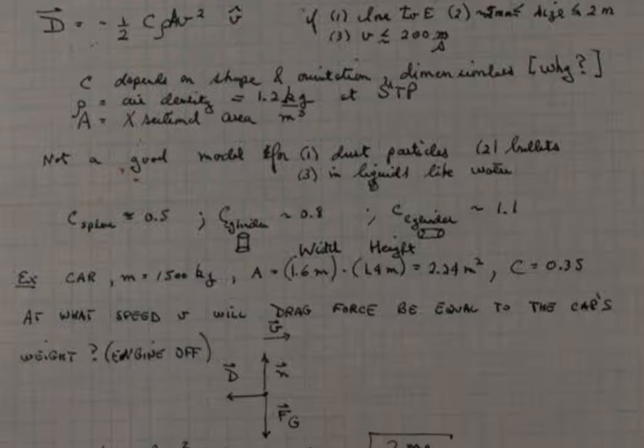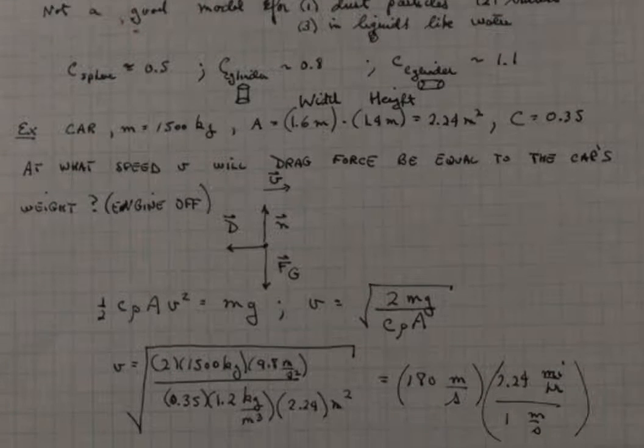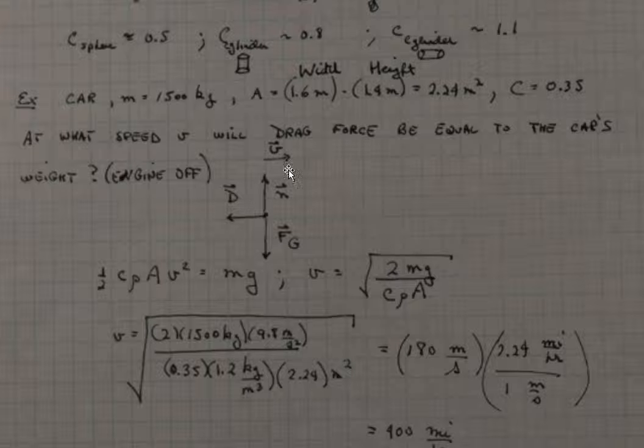They do an example here in your book for a car. They take a car that has a mass of 1,500 kgs, and it has approximately a rectangular cross-sectional area if it's going forward, width of about 1.6 meters and a height of 1.4 meters, which gives an A of 2.24.